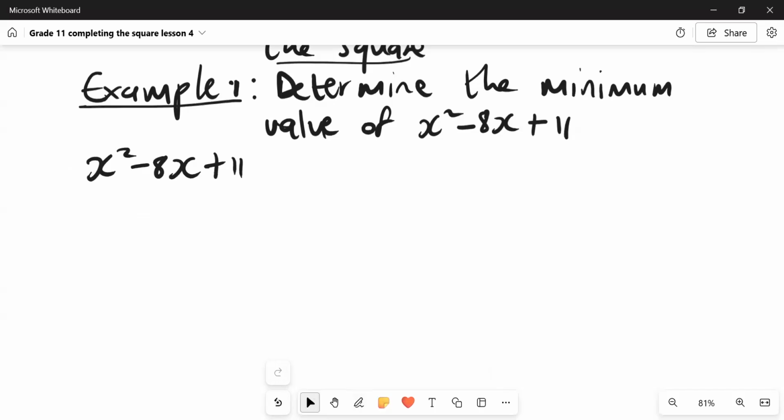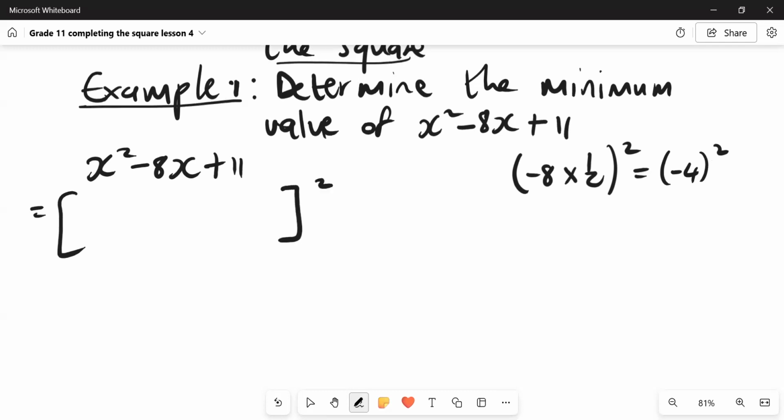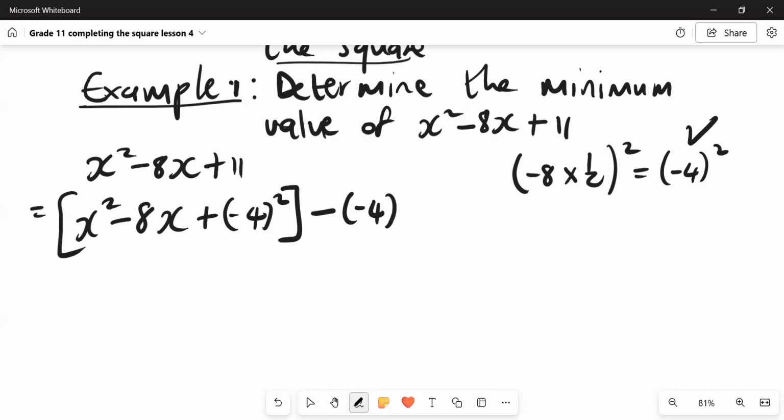So what do we do? Negative 8 times half, all squared, and you get your negative 4 squared, right? And then from here, introduce the brackets, squared, you have your x squared minus 8x plus, we are adding this, so that's minus 4 all squared. It's the standard procedure. When you've added, now you have to subtract the same thing: minus 4 squared.